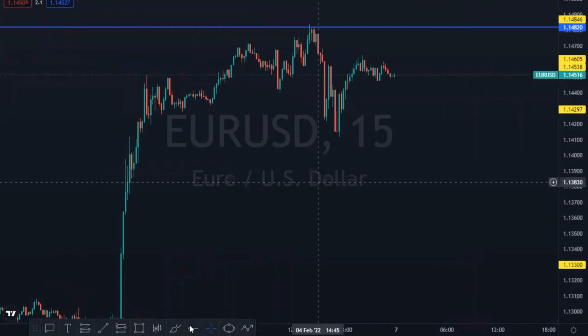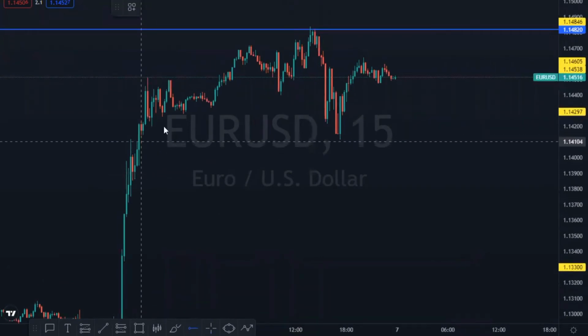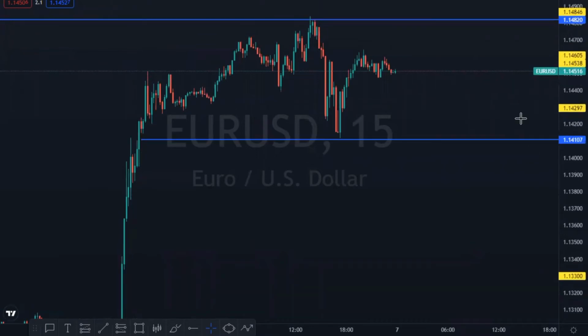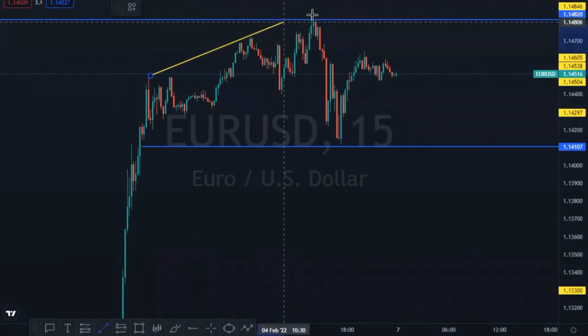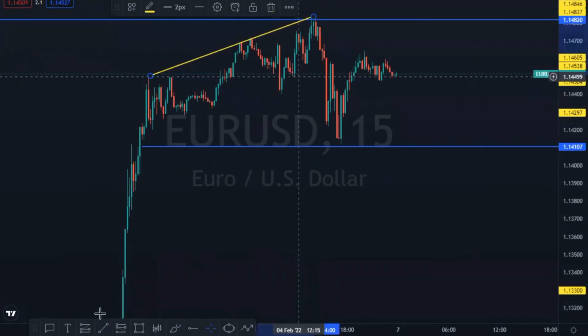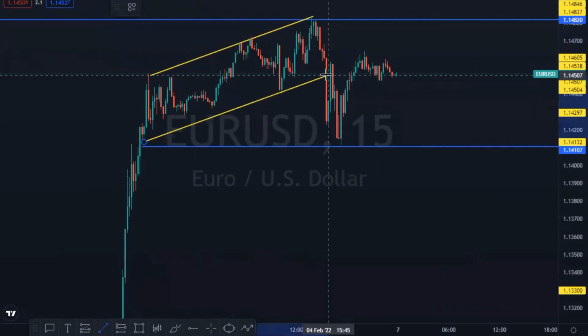Coming down to the 15 minutes time frame, I can see that we are having a support here, and another support here, and very interesting, we are having an ascending channel, which is a duplicate of the left hand side.